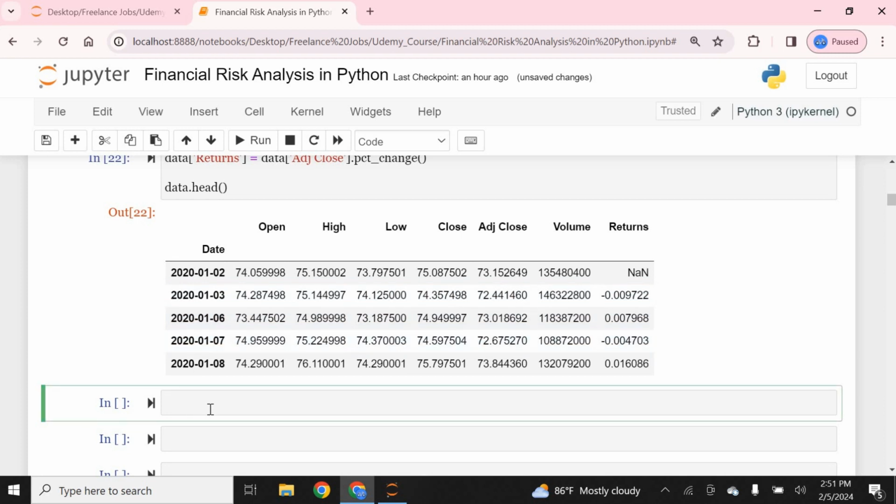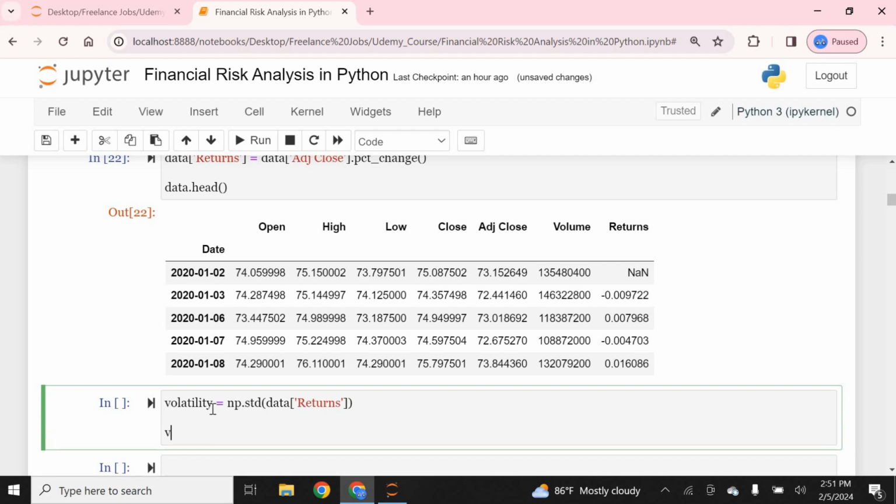Then the next thing now is to calculate volatility. How do we calculate volatility? Volatility is simply standard deviation. So it's just the rate at which things change over time. So let's use numpy.std, volatility of the returns.